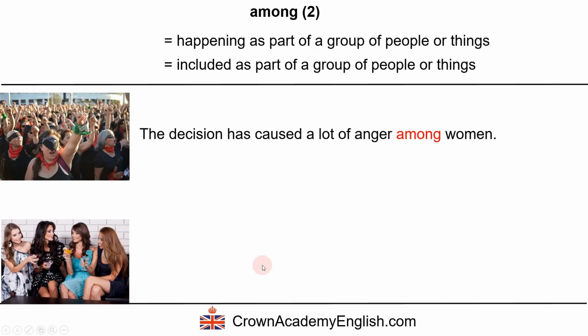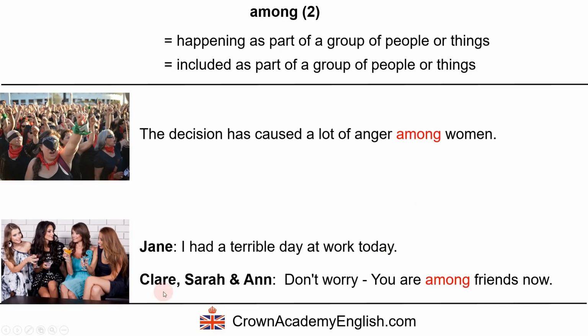And this is a very, very common example of this word. Jane says, I had a terrible day at work today. And then her three friends, Claire, Sarah, and Anne, said, don't worry, you are among friends now. This is a very common expression.